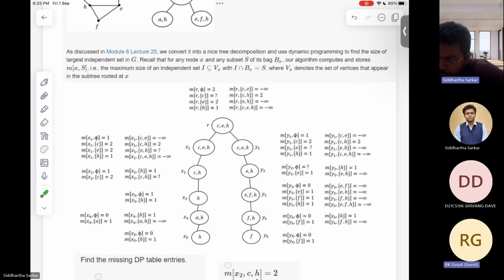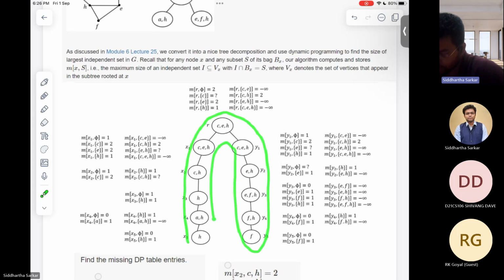First, I will define in a minute what the definition of every table entry is, what all these things in M of x1, e, h mean, and then we will be able to answer your question whether having empty leaves and an empty root serves any purpose.